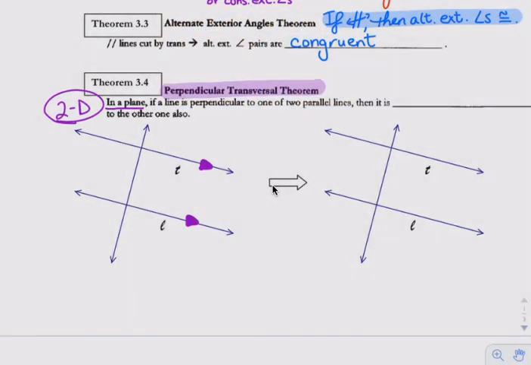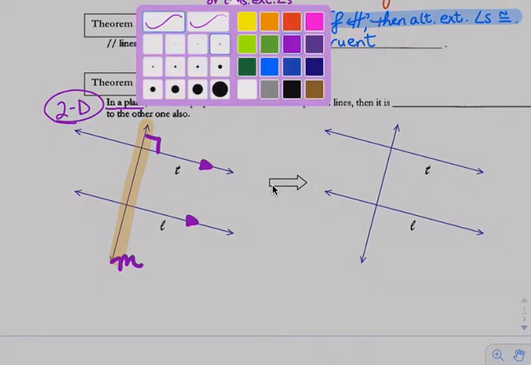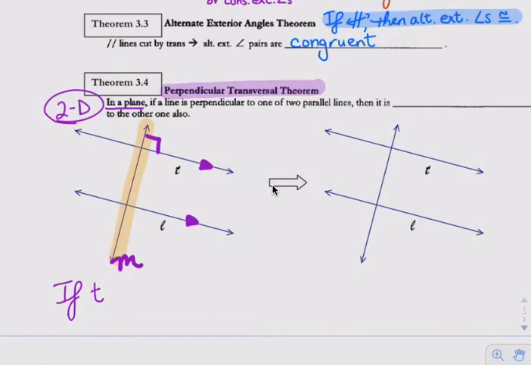So let's say this is your line, this is your transversal here, and it needs to be perpendicular to one of them. So let's say we know that that's perpendicular. That's our hypothesis. So it would be like if T is parallel to L and N is perpendicular to T, then what would your conclusion be?